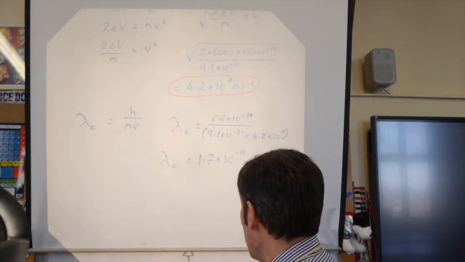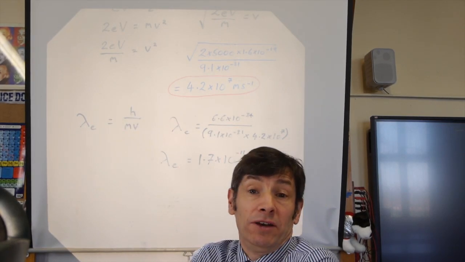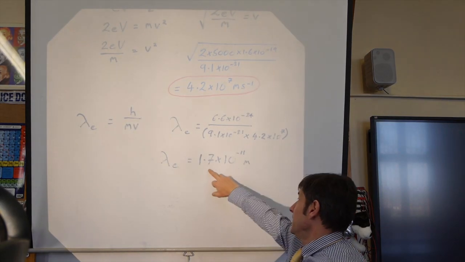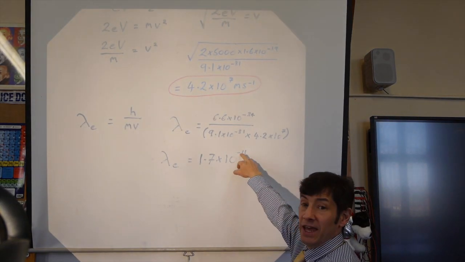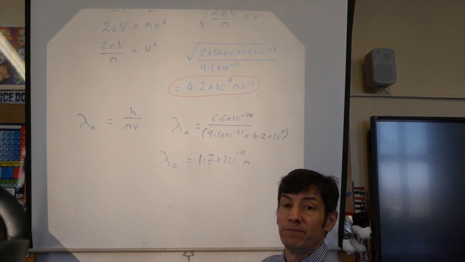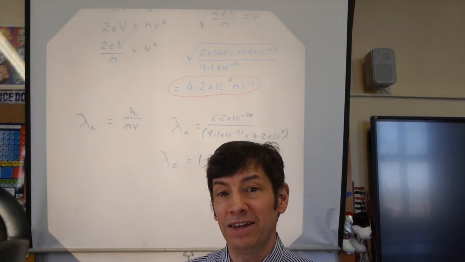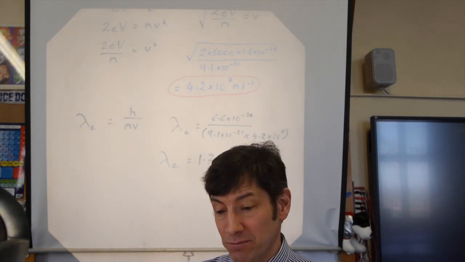Now, that could just be pure maths, but it has a real meaning, of course, because look, it's about 2 times 10 to the minus 11. Figures in the order of 10 to the minus 11, 10 to the minus 10, these are the gaps between atoms.